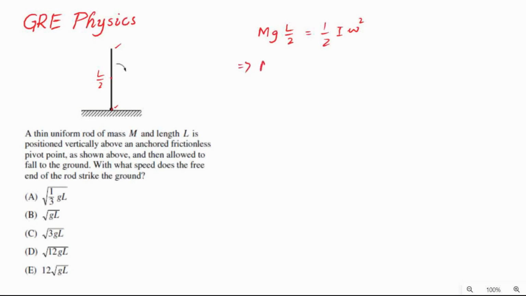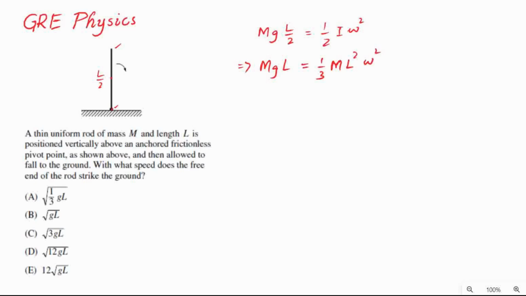This gives me m times g times L. Of course, half and half cancel out on both sides, and I am left here with I omega squared on the right, and I for the rod about its end point is given by 1 by 3 times its mass times its length squared, and of course here omega squared.